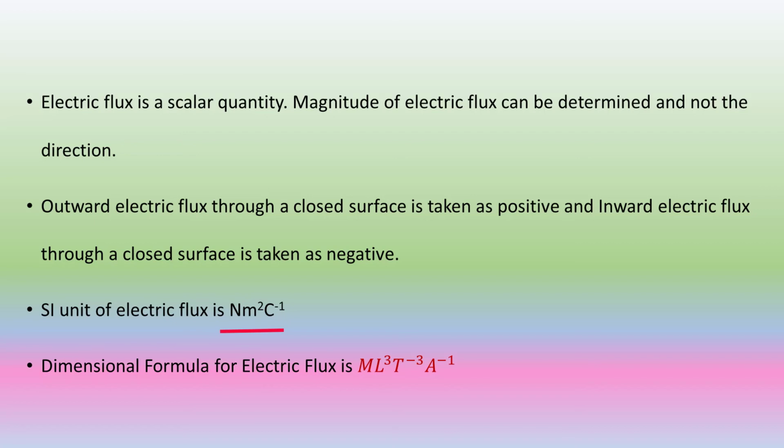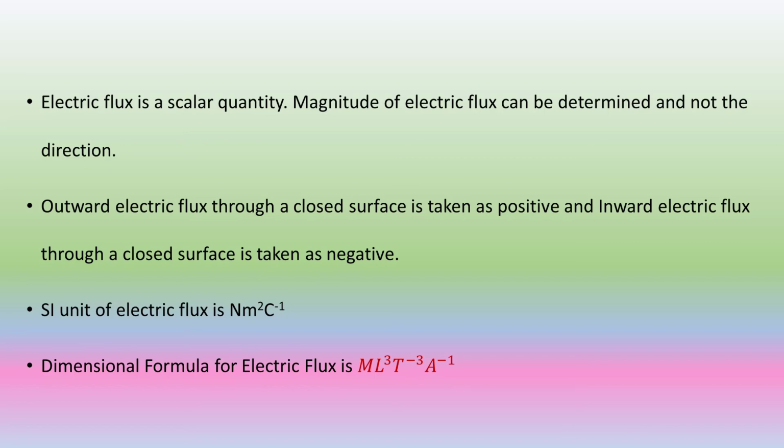The SI unit of electric flux is Newton meter square per coulomb. Hence, the dimensional formula of electric flux can be derived as M L cube T minus 3 A minus 1.